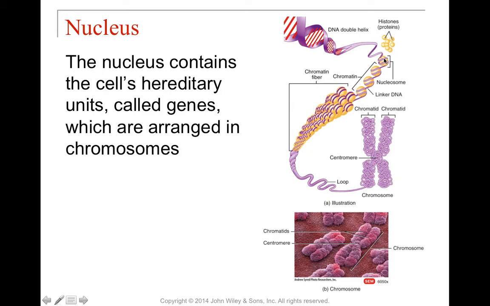When we wrap around the histone octet, we do that 2.5 times, 2.5 times, 2.5 times, and in that way we shorten length dramatically. And then we do another set of folding whereby we fold these chromatin that are wrapped around the histones, which then becomes a nucleosome. We put all these nucleosomes together in another set of wrapping, and then we do these loops, which is eventually going to get us to completely condensed coiled DNA.